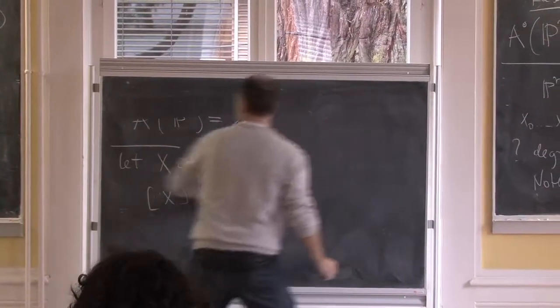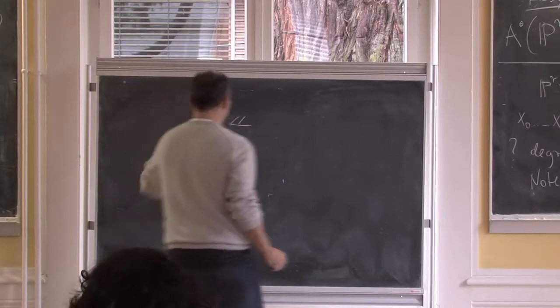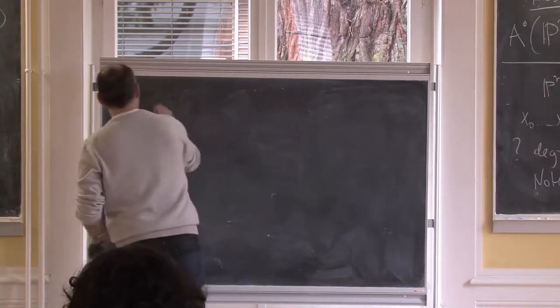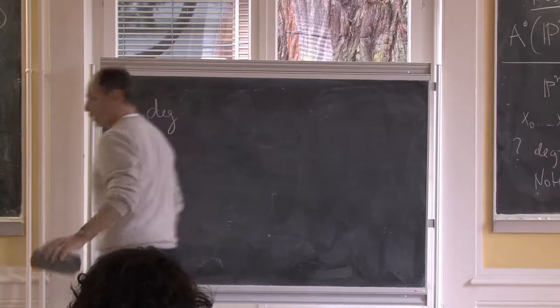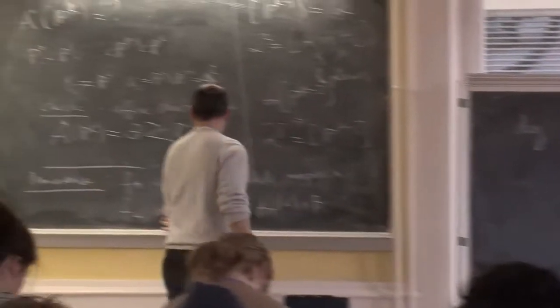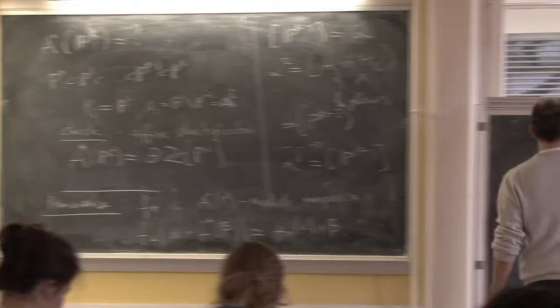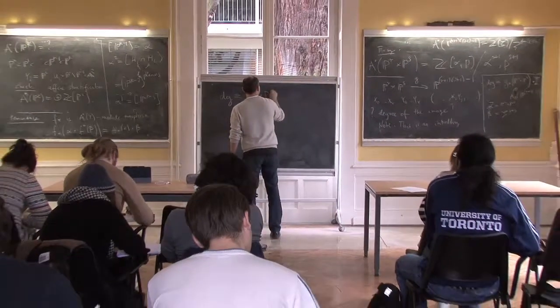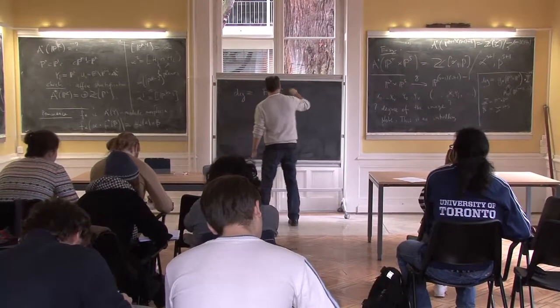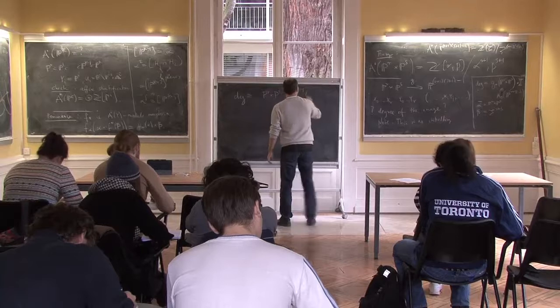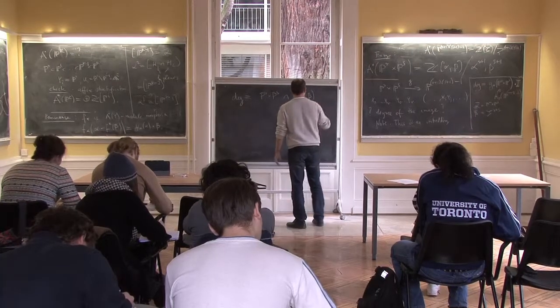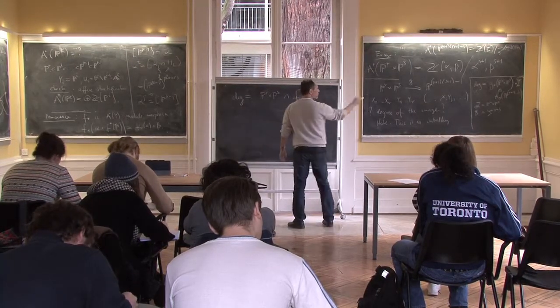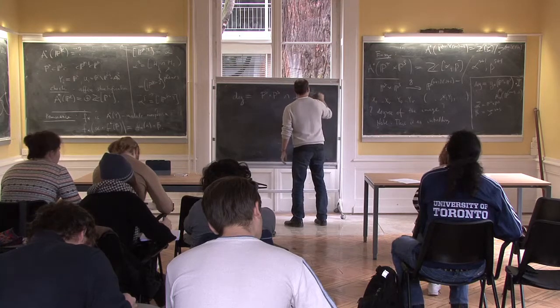That formula tells you that the degree is just equal to the same thing in the back. So that's just the product of P^r cross P^s, and then you intersect it with the pullback of beta, which is zeta to the r plus s.